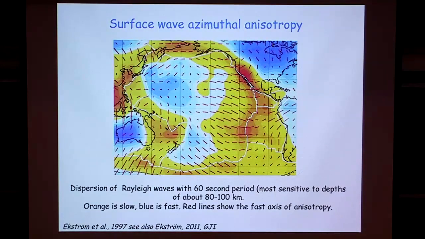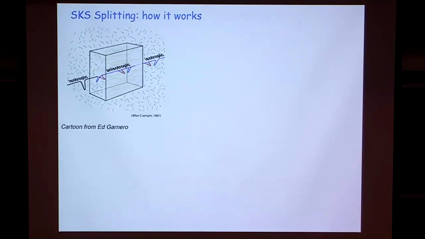So the other type of waves that are used most commonly to study anisotropy is shear wave splitting, and very specifically SKS splitting. So if you have a shear wave that is coming from an isotropic medium and traversing an anisotropic medium, it will split into 2 S waves, right? And these two waves will be polarized differently and will travel at different speeds.